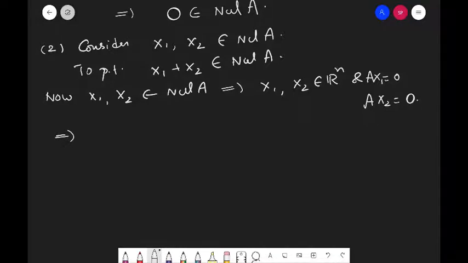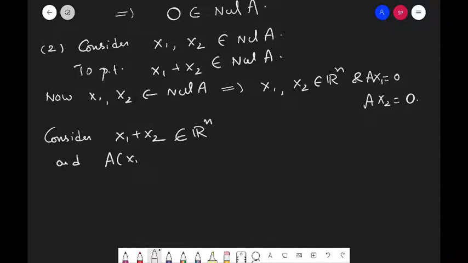Now let us consider x1 plus x2. Then this belongs to Rn because x1 and x2 belong to Rn. Therefore x1 plus x2 also belongs to Rn.